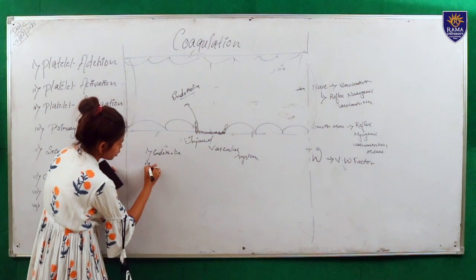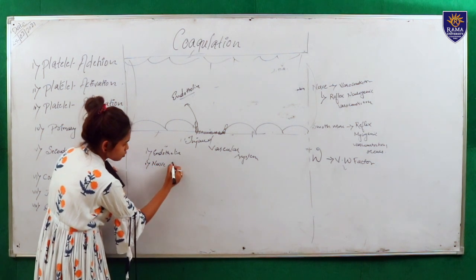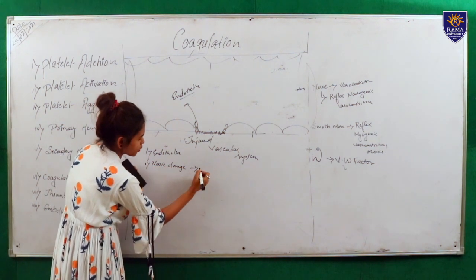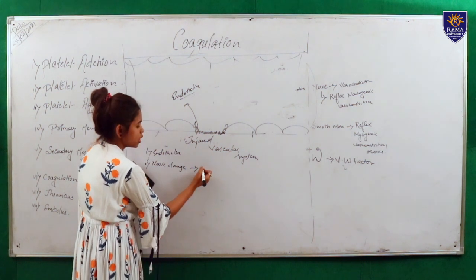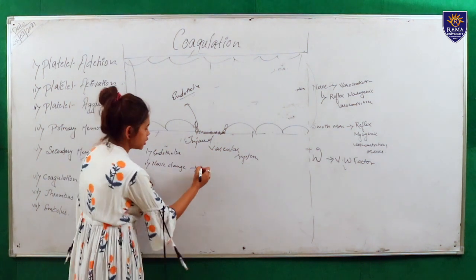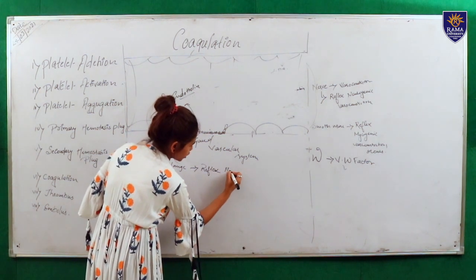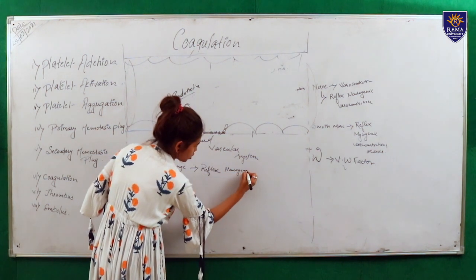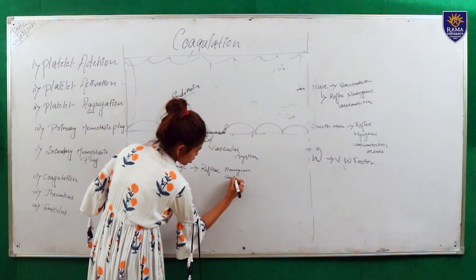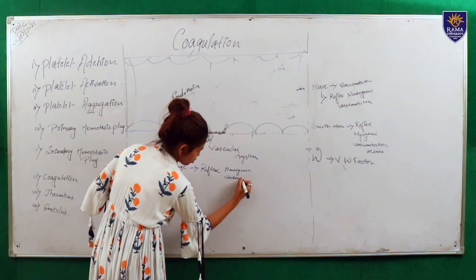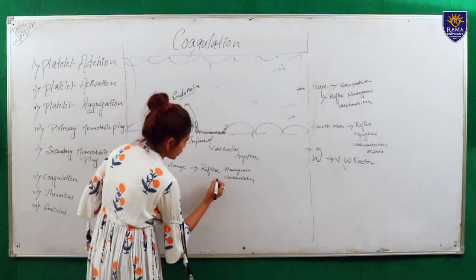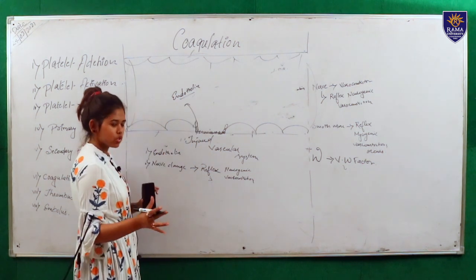In case of nerve damage, there will be a process known as reflex neurogenic vasoconstriction, and it will release some vasoconstrictors.